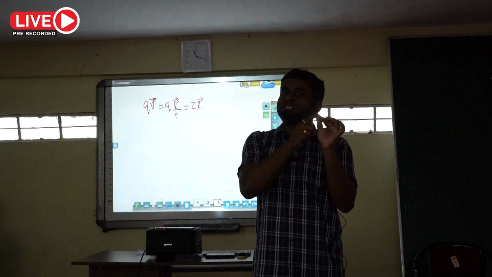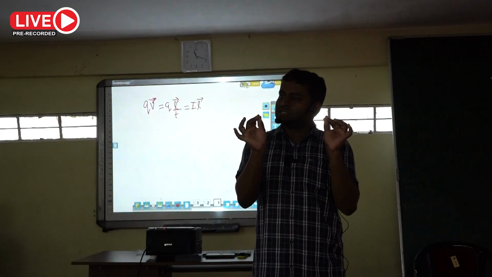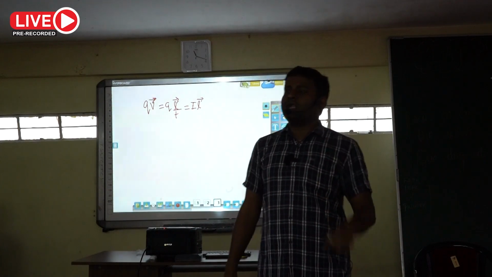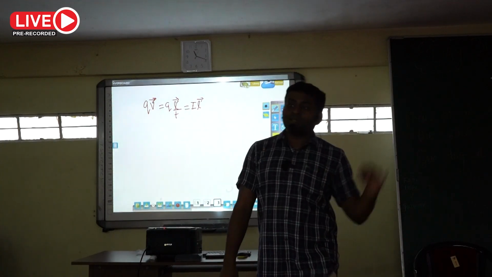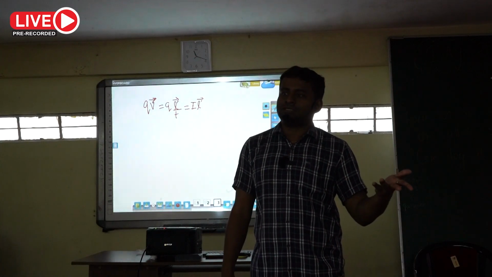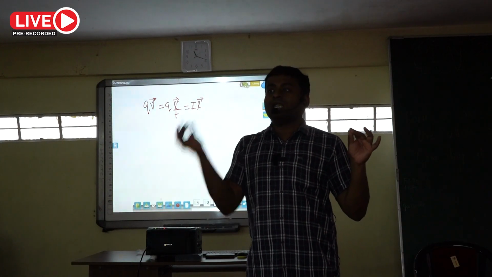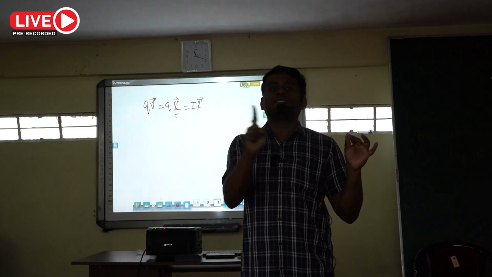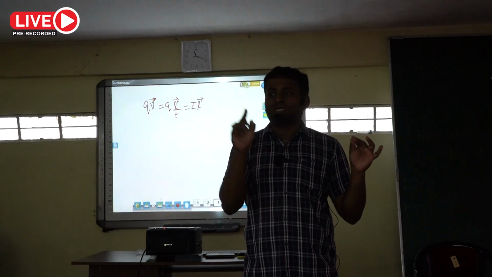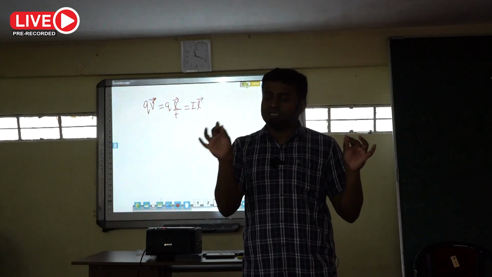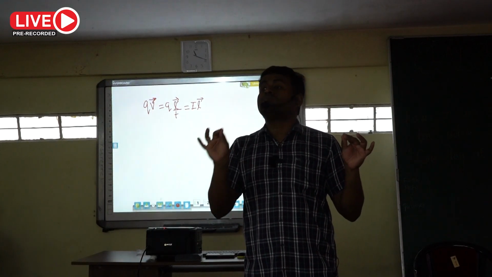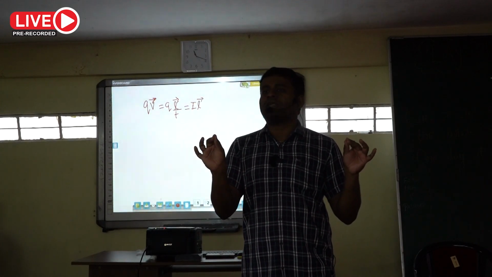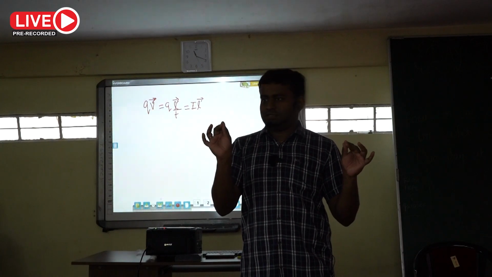So charge is the origin of electric field, so another charge present in that field will experience force. Similarly, what is the origin of magnetic field? Static charge or moving charge? Moving charge. So unless another charge in the magnetic field is in motion, it will not experience any magnetic force. So the test charge should move in a magnetic field. If it is at rest, then no magnetic force will act on it.